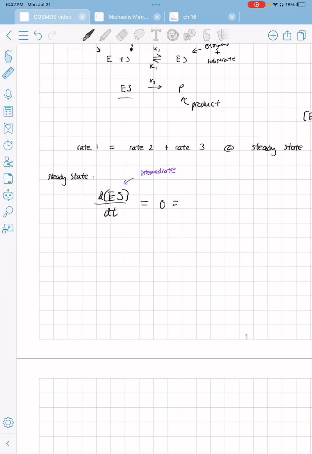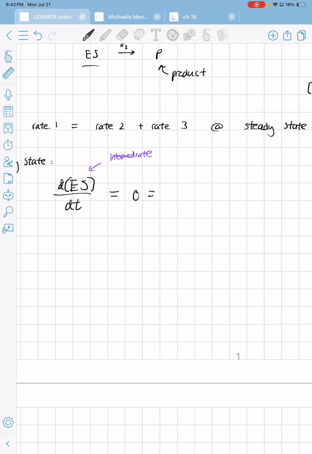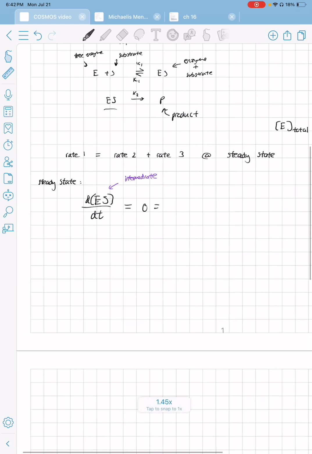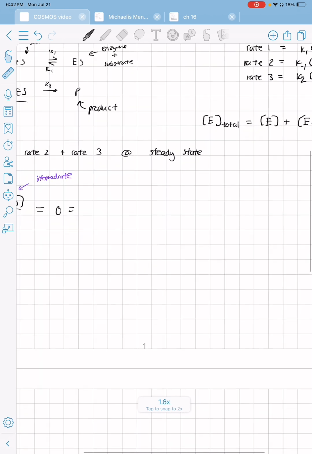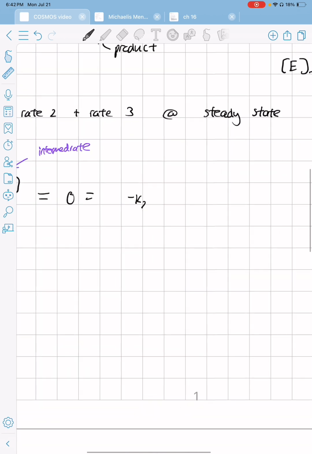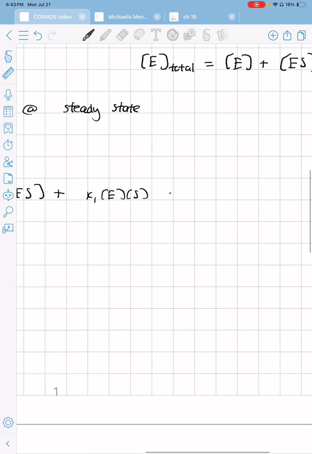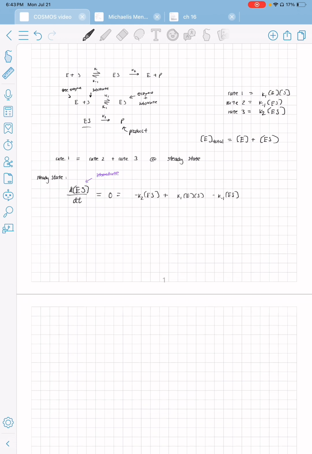We also know that the change in enzyme-substrate complex over time is equal to negative k2 times ES plus k1 times E times S minus k negative 1 times ES.